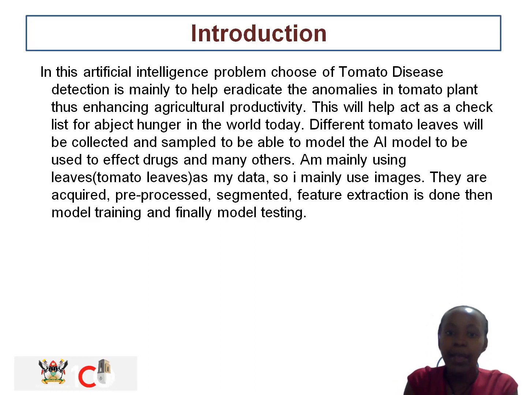I'm mainly using leaves as my features. The data I'm using here is mainly leaf images. They are acquired, preprocessed, segmented, and feature extracted, and this is done in model training. And finally, we do the model testing.